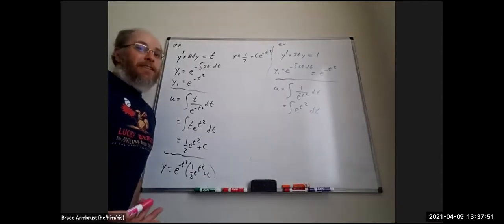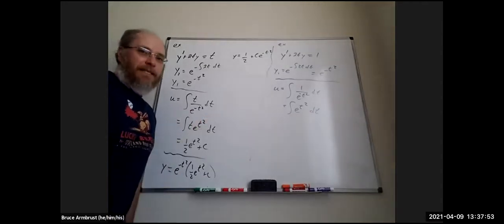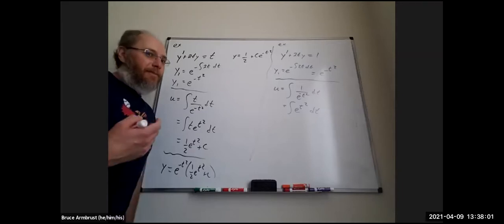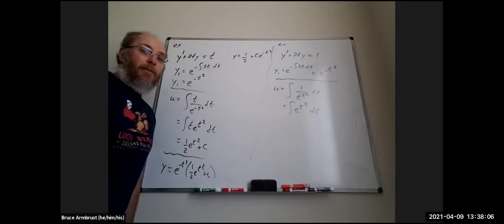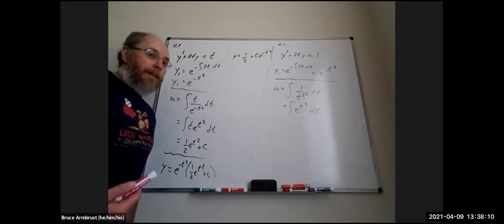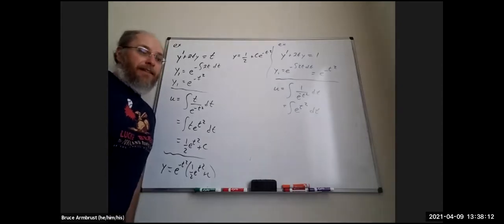So here's the deal. We can replace that e to the t squared with a power series. Remember what that is, it's turning into a polynomial of infinite degree. But then you can integrate each one of those.